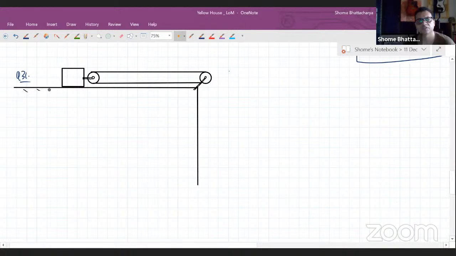Okay, so as usual, frictionless surface. Now this particular block has a mass of 2m, whereas this end of the thread now is attached to a block of mass m.